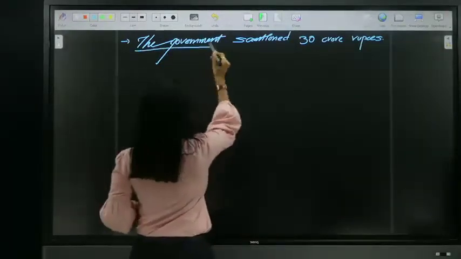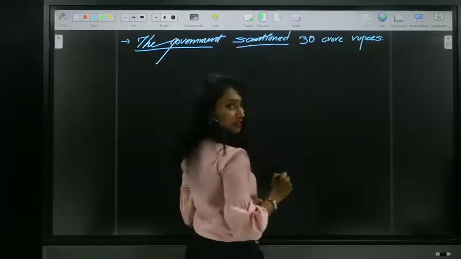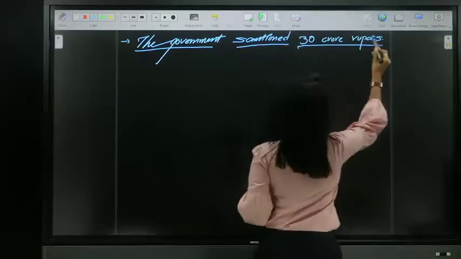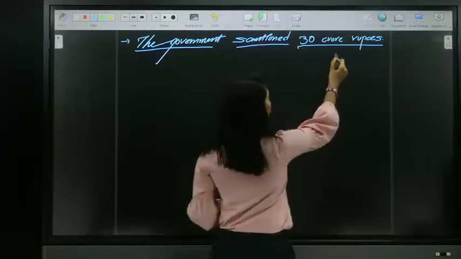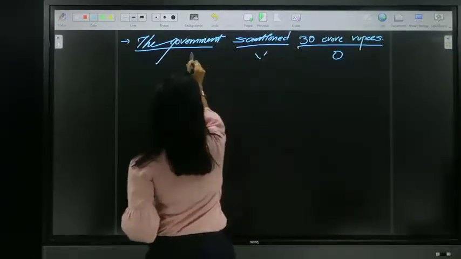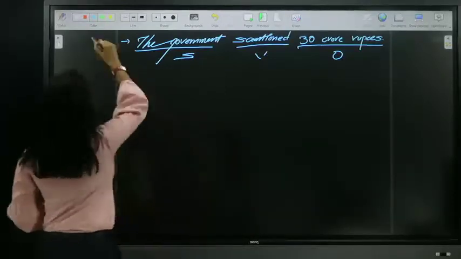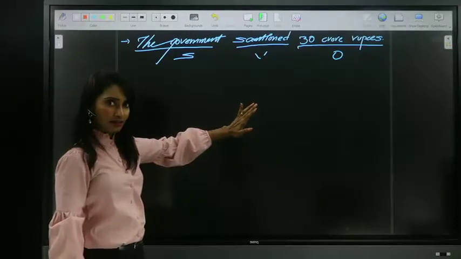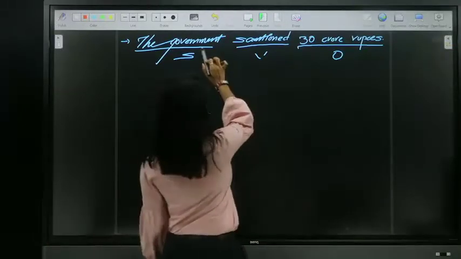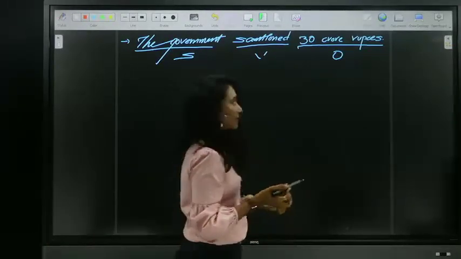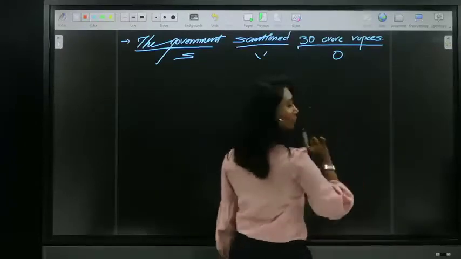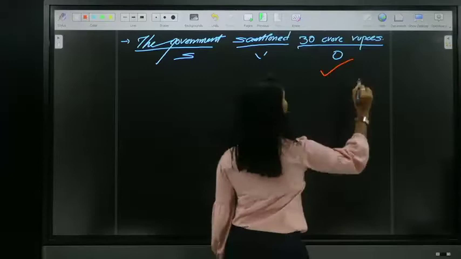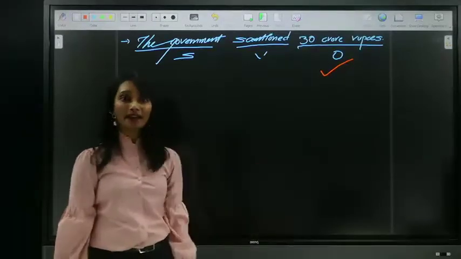The government, singular, sanctioned. Verb is in past tense, singular and plural same. 30 crore rupees is the object. So, subject, verb, object. Is there any error in this sentence? Is it correct or not? Absolutely correct. So there is no error in the sentence.